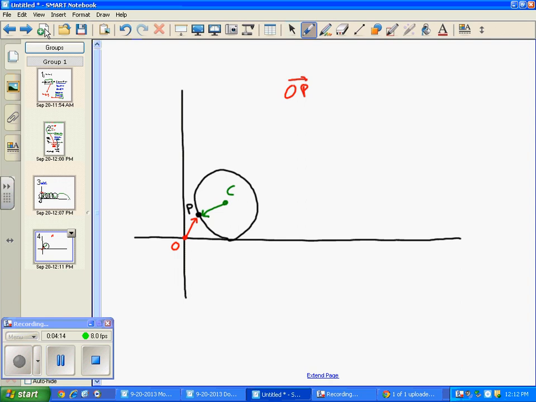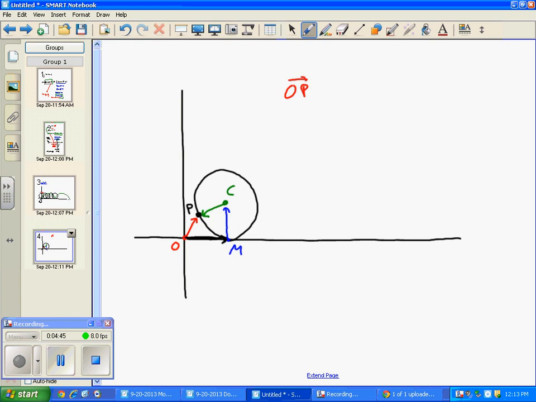There's another vector that points from the x-axis up to C, such that blue vector is perpendicular to the x-axis. I guess we'll call that maybe M. Okay? And then lastly, there's a vector along the x-axis that points from O to M. So there's that vector there.